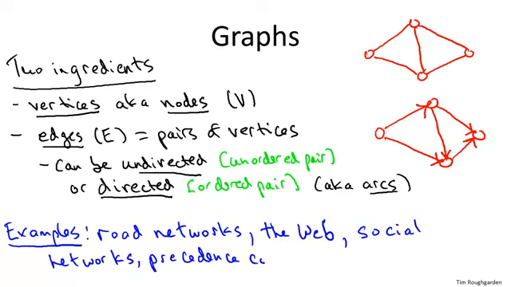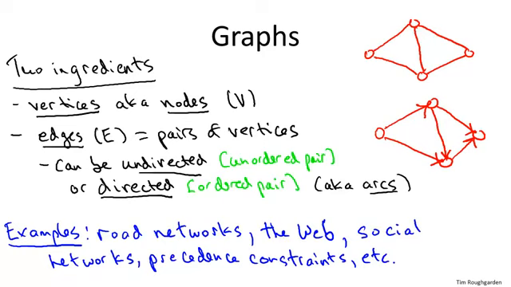And often graphs are useful even when there isn't such an obvious network structure. So just to mention one example, let me just write down precedence constraints. So to say what I mean, you might think about, say you're a freshman in college and you're looking at your major, say the computer science major, and you want to know what courses to take in what order.